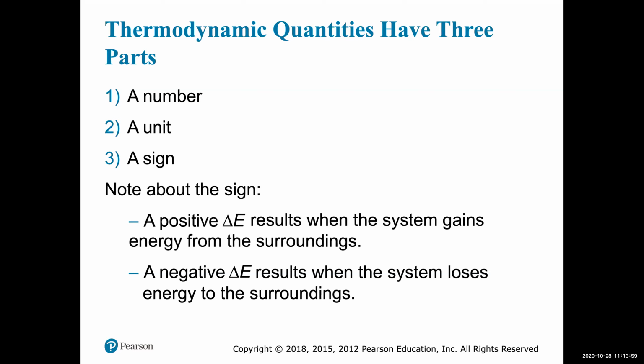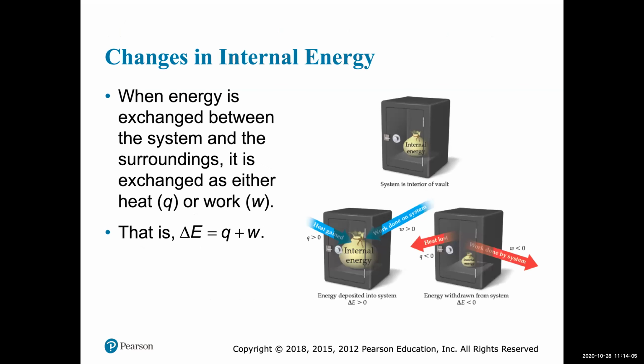As we know from this chapter, when we're talking about energy, we're usually talking about heat. When energy is exchanged, it can be exchanged as either heat, which we represent as Q, or work, which we represent as W. So delta E equals heat plus work.